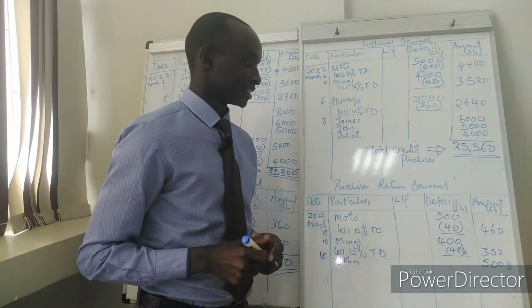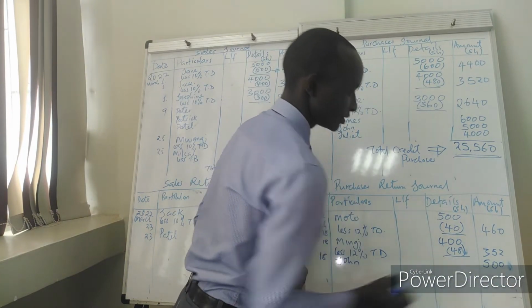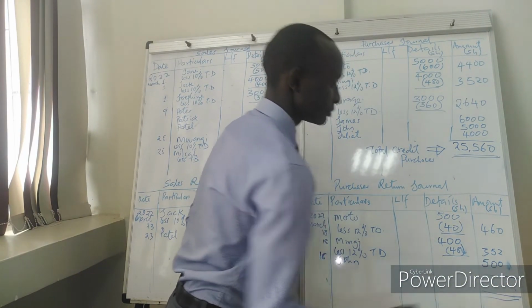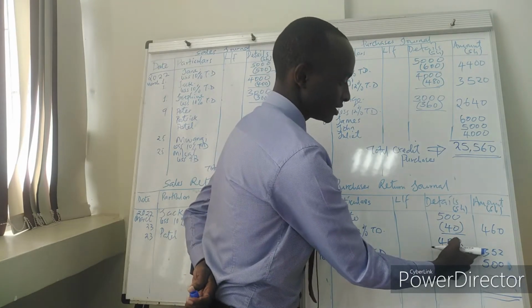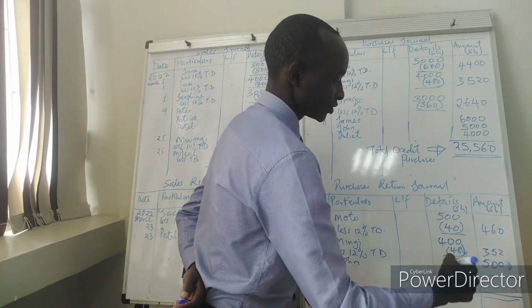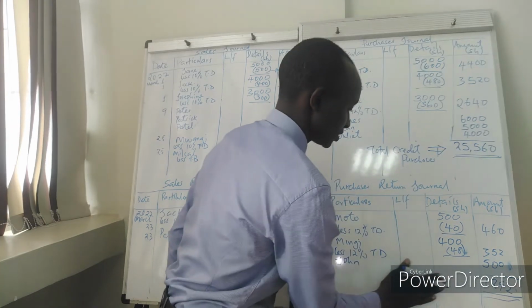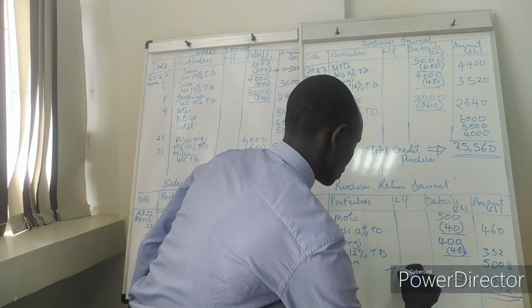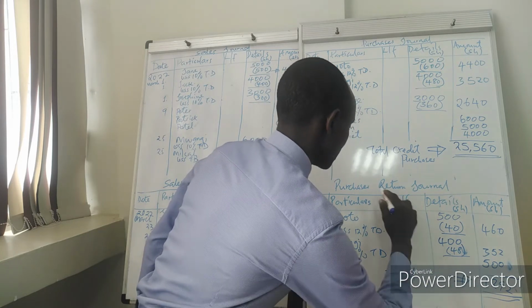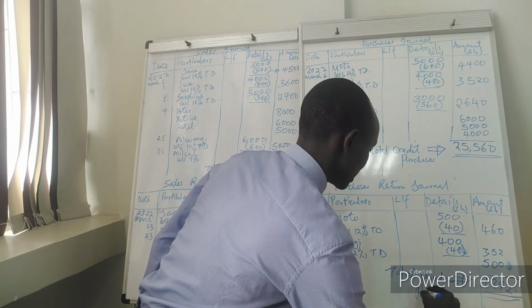Total credit purchases. The same case applies to this other side. One line on top and then two lines bottom. 460 plus 352 plus 500 is equivalent to 1,292. So this figure is known as total purchases returns.